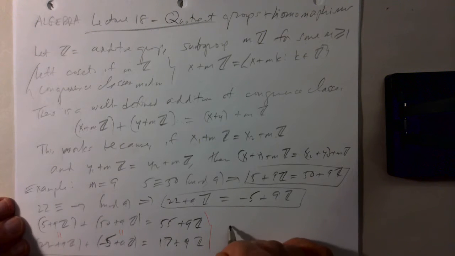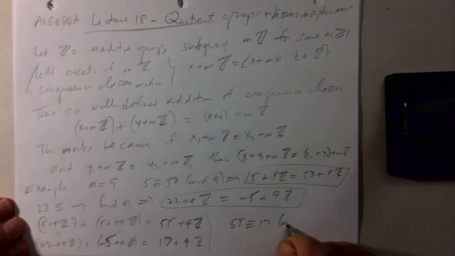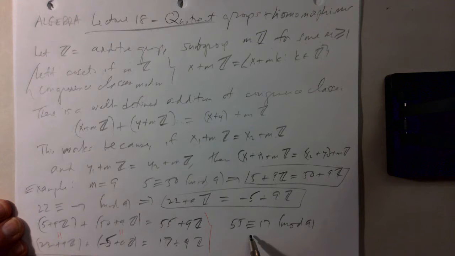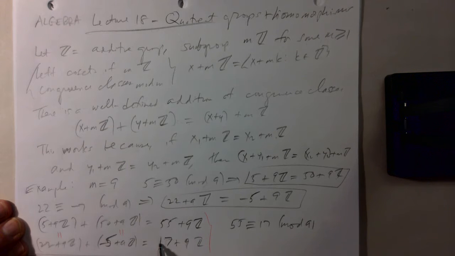These are equal because 55 is in fact congruent to 17 mod 9. Because this difference, 55 minus 17, is 30, oops, it's 38.